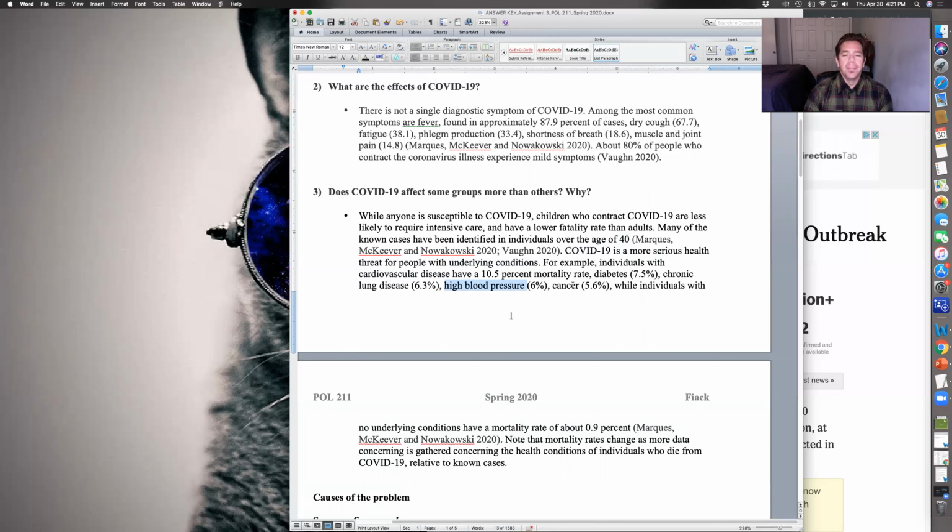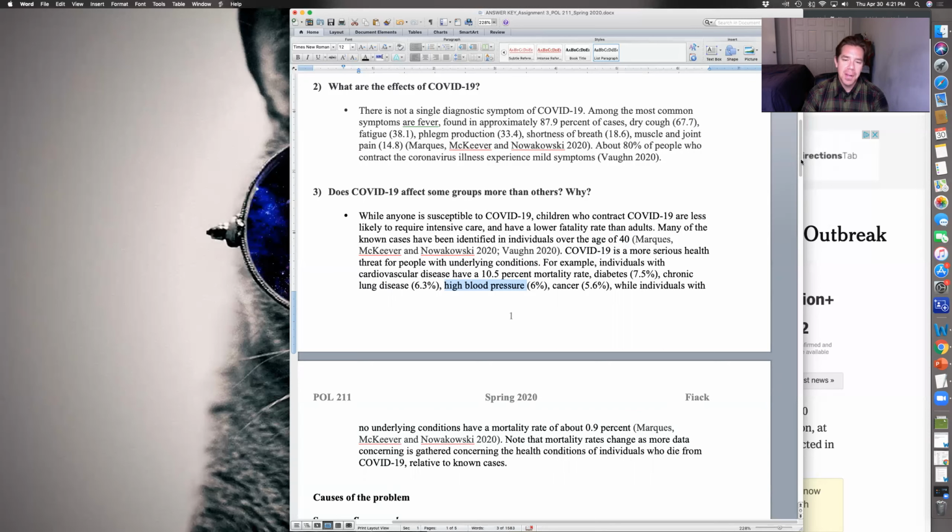And I guess the articles I gave you didn't really get into the why, but a lot of this has to do with things like compromised immune systems, where your body's already fighting different things on a regular basis. And again, as we get more data and more information, this link becomes clearer. But statistically speaking, this is what we tend to find, right?